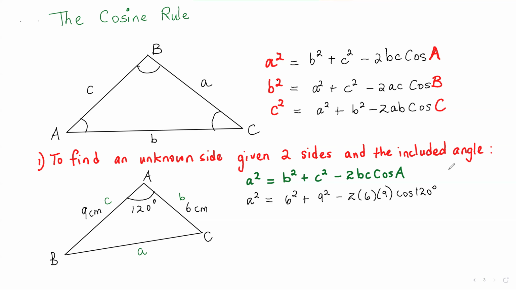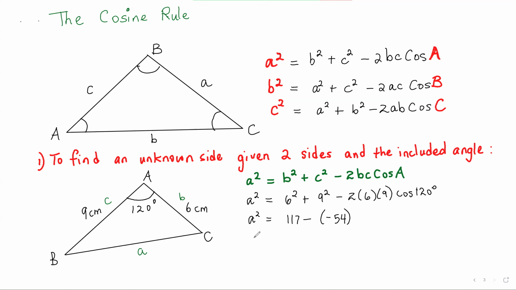And now I simplify. So a squared is equal to 6 squared plus 9 squared, which is 117, minus 2 times 6 times 9 times cos of 120. You could type that in exactly as is, and you'll end up getting minus 54.